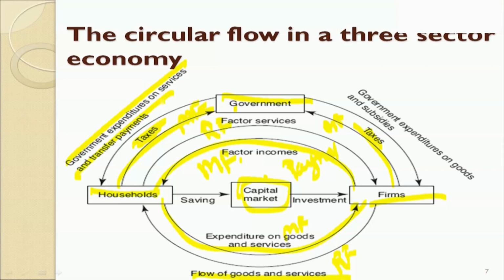Why? Because the household is also providing a service. Here you need to understand the factor service provided by the households to the government. For accepting the factor service, the government is providing the factor income or factor payment to the household. So, that we consider as an expenditure on services.